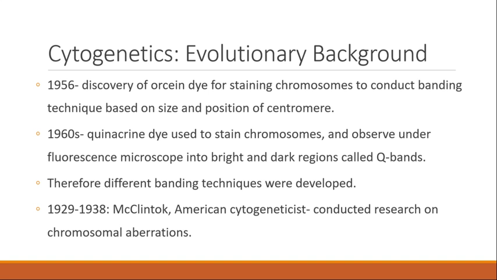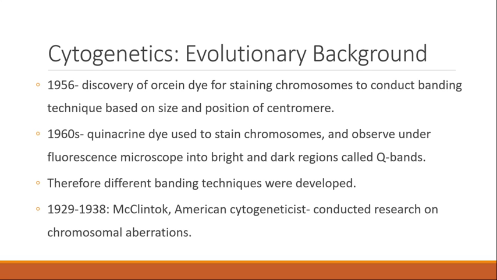Now in 1956, when we had identified the chromosomes, we wanted to study them and their deviations across different persons. As medical records were coming up, we were trying to study how chromosomes structurally or numerically show deviation.